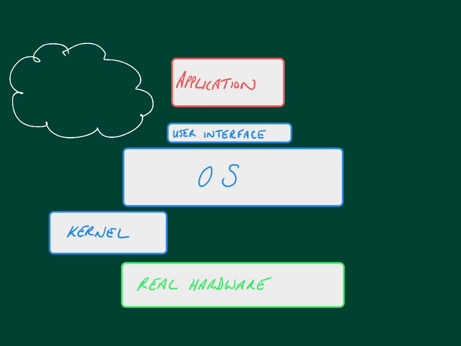So how does a virtual machine work? Well, if we take the example of running a Mac OS within a Windows computer, and we want to run iMovie on Mac OS and have it interact with the Windows hardware. We use iMovie, and that communicates with the user interface, which is in the virtualized operating system, in this case Mac OS. And the virtual machine's operating system communicates with its own kernel.